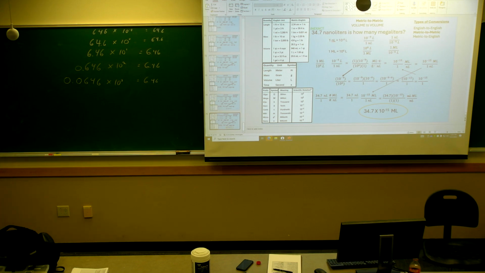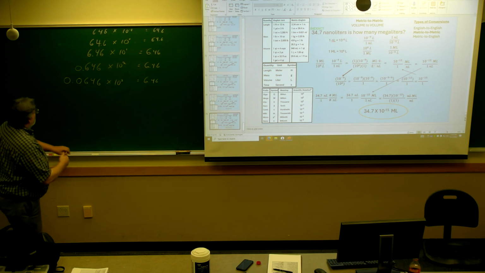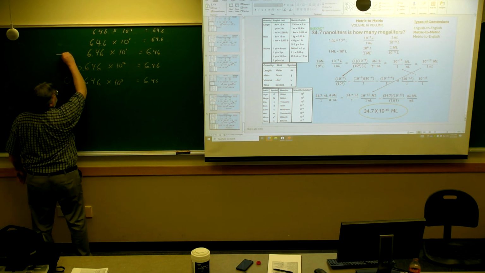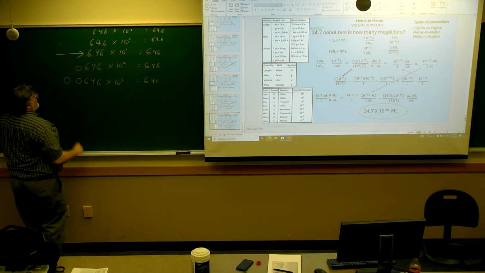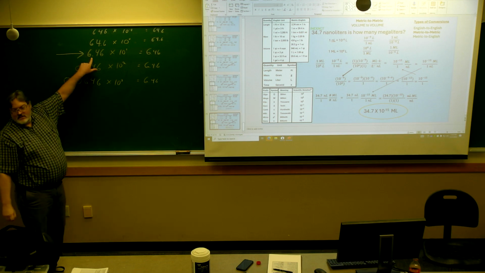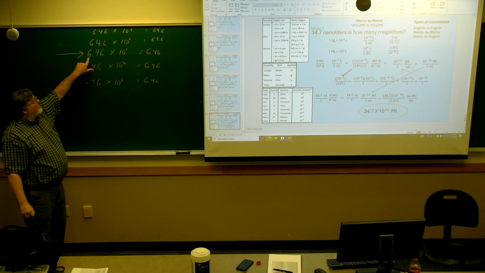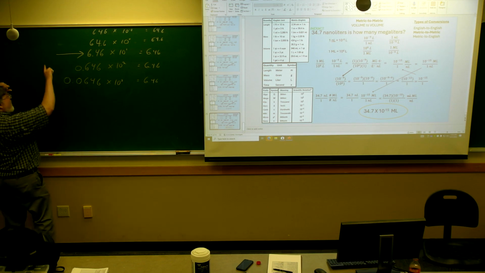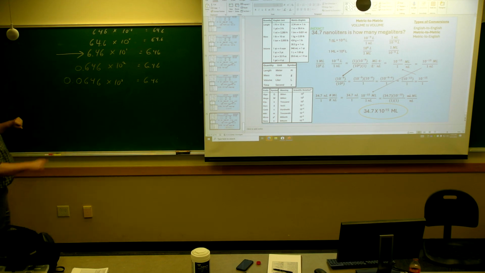That's what bugs you, right? I was just taught that only one of those is correct. Right. This one is special. It has the decimal in between the first digit and the second digit. So all of this is scientific notation.